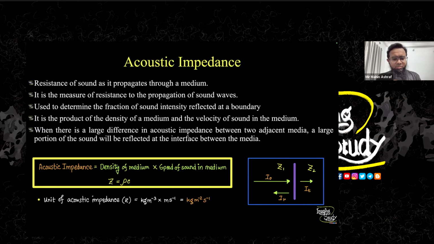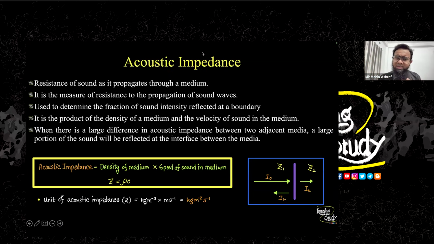Let's go for some terminologies now. We will have a very small talk about these terminologies. I won't go very deeply. We have some points like acoustic impedance. Impedance means resistance, like the resistance to sound when it propagates through the media. There are some calculations, but I won't go into these calculations and won't make this physics complicated.